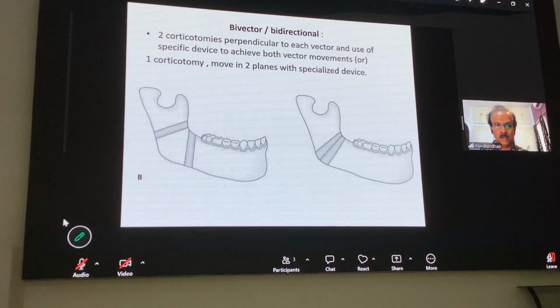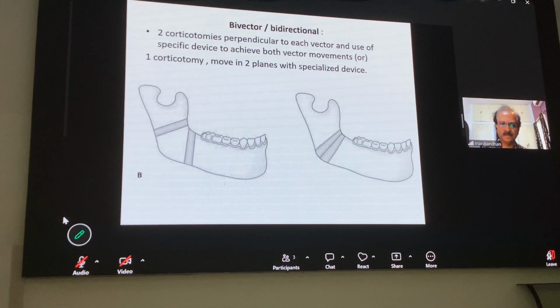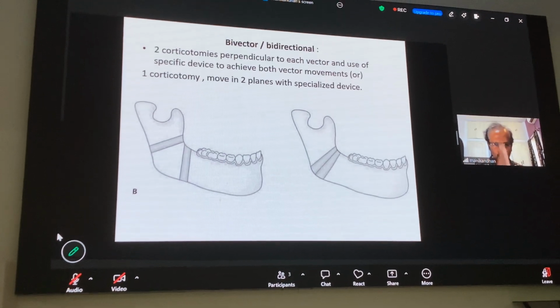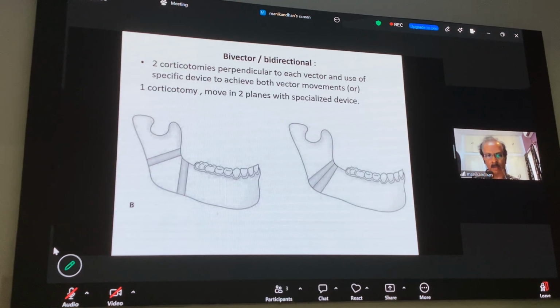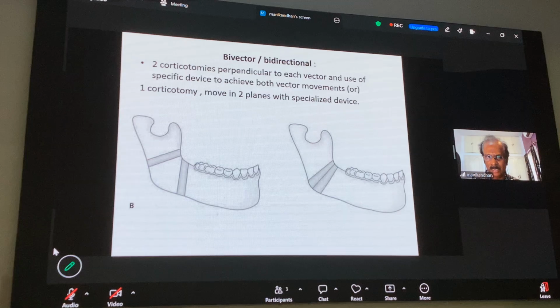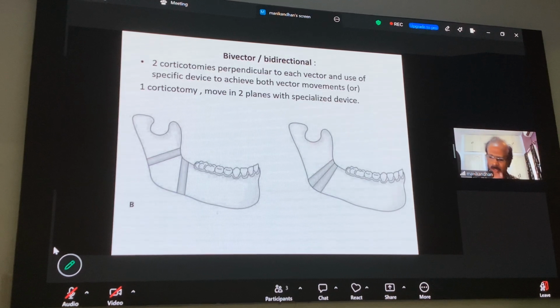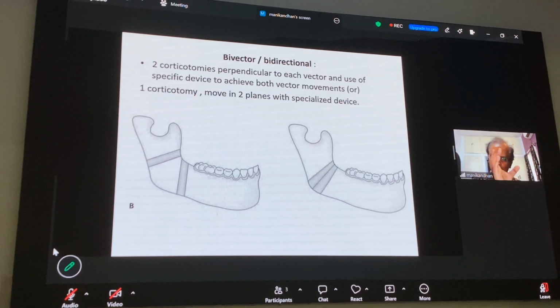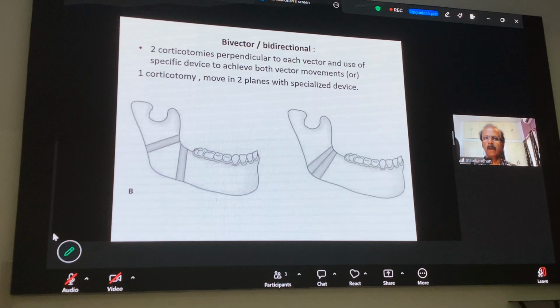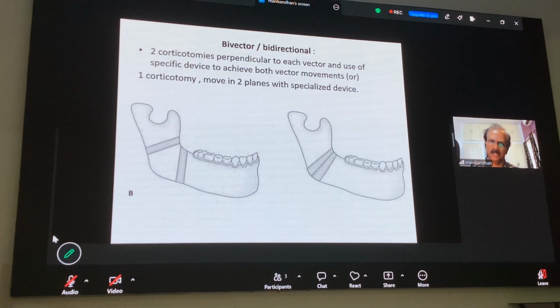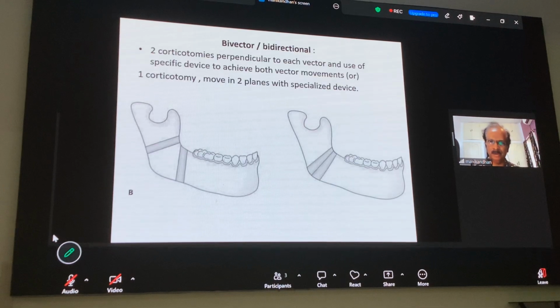You can see here there are 2 osteotomy cuts here, one at the right, one at the bottom, almost diagonally. We use a bidirectional distractor in this case. You can move vertically as well as horizontally. So this becomes bidirectional, for 2 directions.